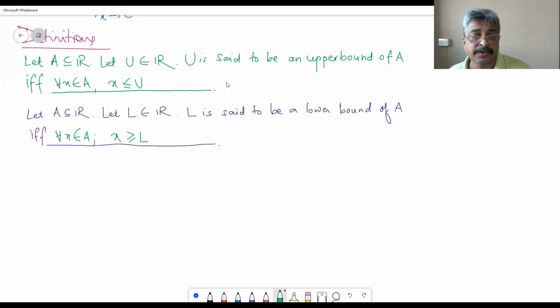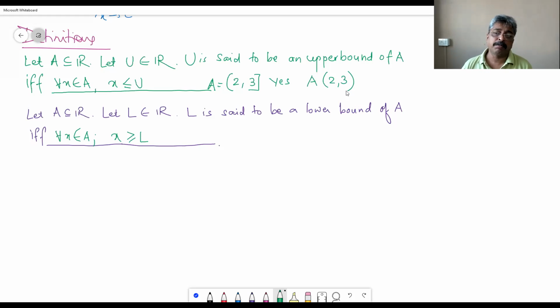Example: set A is 2, 3. Is 3 an upper bound of set A?